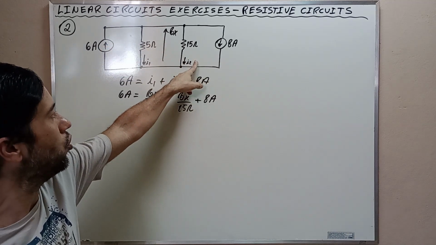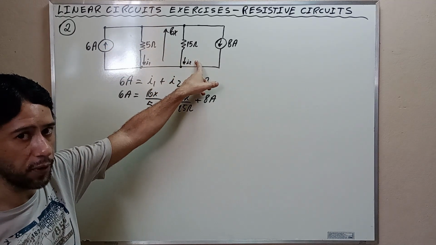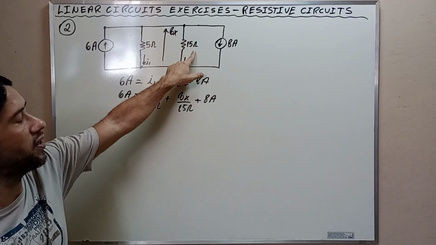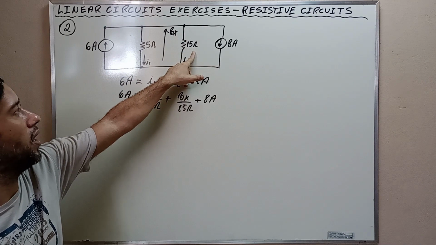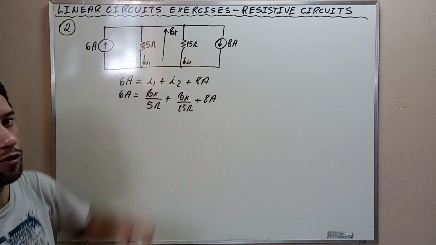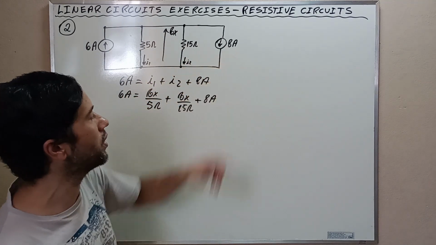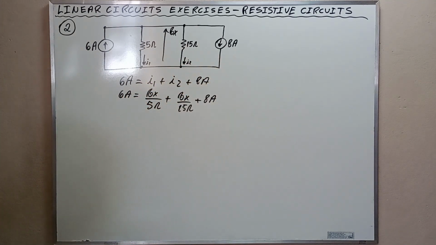And I2 is equally written in this way: the voltage divided by the resistance. Then it is Vx divided by 15 ohms, and this current here, we already know it is 8 amps.